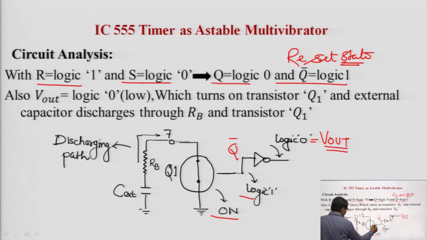When the Q1 NPN transistor turns on, the external capacitor finds a low resistive path through transistor Q1 and tries to discharge. This is the discharging path for the external capacitor.